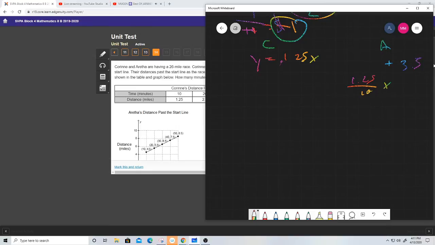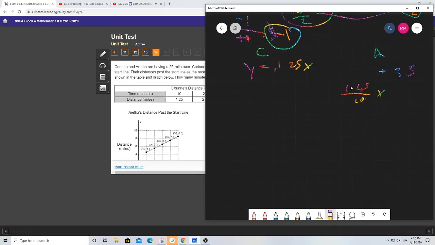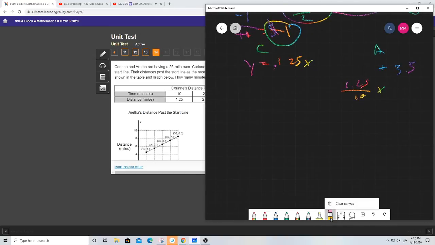Let me just see how that works. I just want to do 2 down here, like equals 1.25 over 10x.